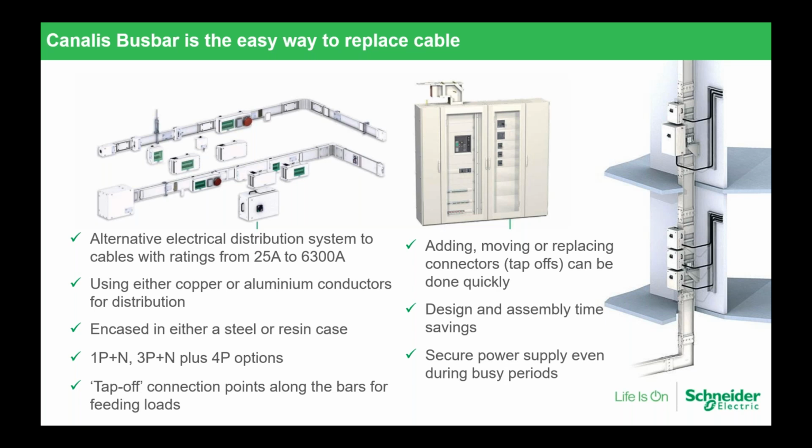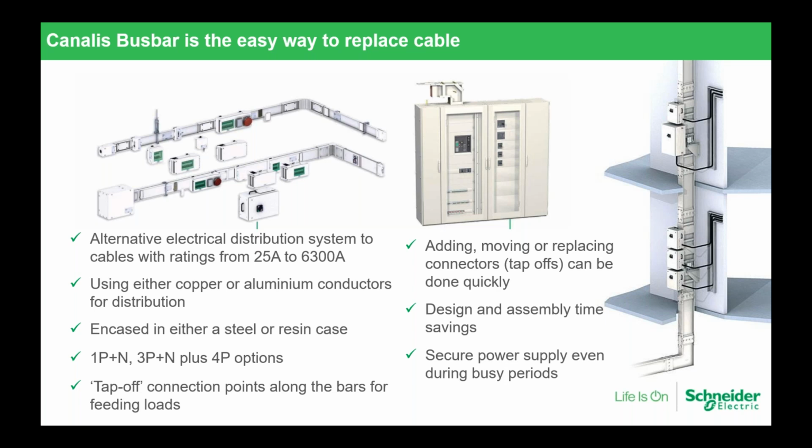The bus bar is encased in either a steel or resin case, because as you can imagine, the Canalis bus bar trunking system works for indoor environments, but we also have outdoor situations where we need to connect the transformer, which is outside, and the main switchboard, which is inside.